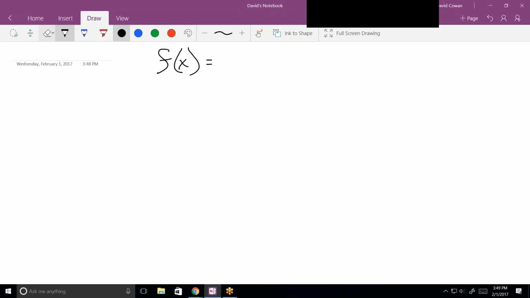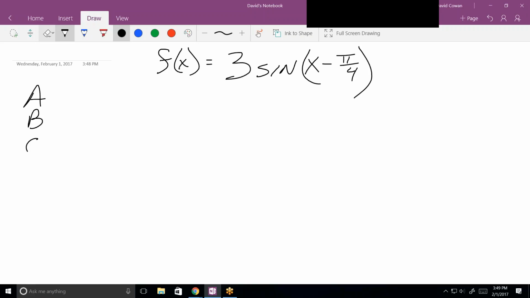So the first one is y equals 3 sine of x minus pi over 4. The way I like to do these is start out by listing all of your A, B, C, and D. Incidentally, are these the four variables you use? Yeah. Good.